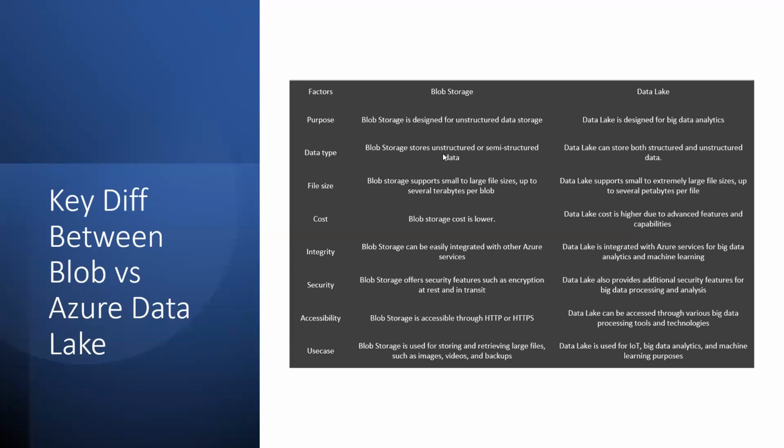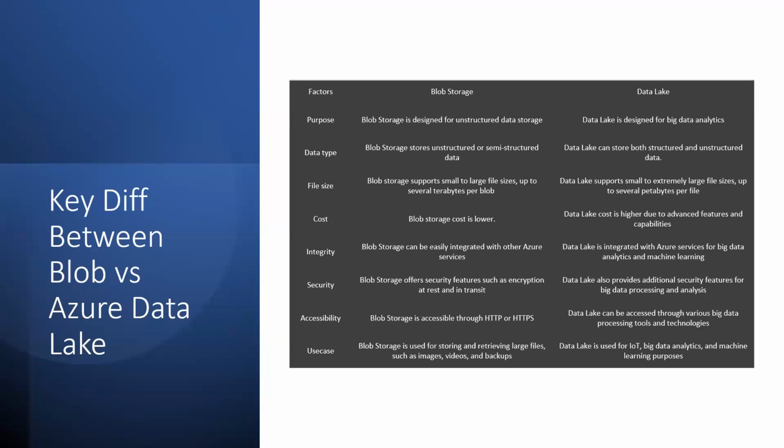If you look here, the blob storage stores unstructured and semi-structured data, but Data Lake can store structured data as well. An example of structured data is when we store data in tabular form, like SQL tables. Unstructured could be a JSON file or a CSV file.